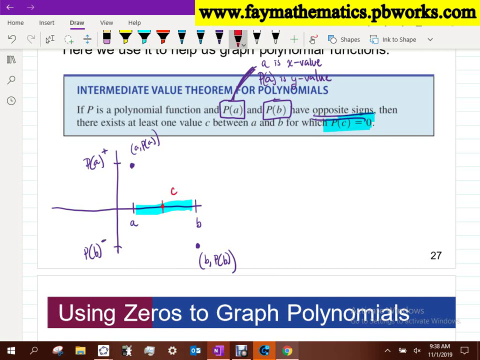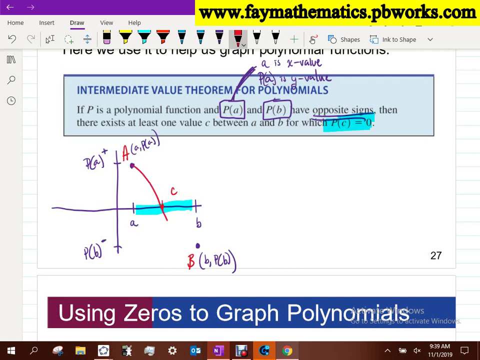Here's the idea, guys. And this is where we have to understand that polynomials are continuous. If I have my finger on A, comma, P of A up there in the first quadrant, and I know that the polynomial goes through B, comma, P of B, and I have to get from point A up here to point B down here, and it's continuous, so I'm not allowed to lift my finger, right?